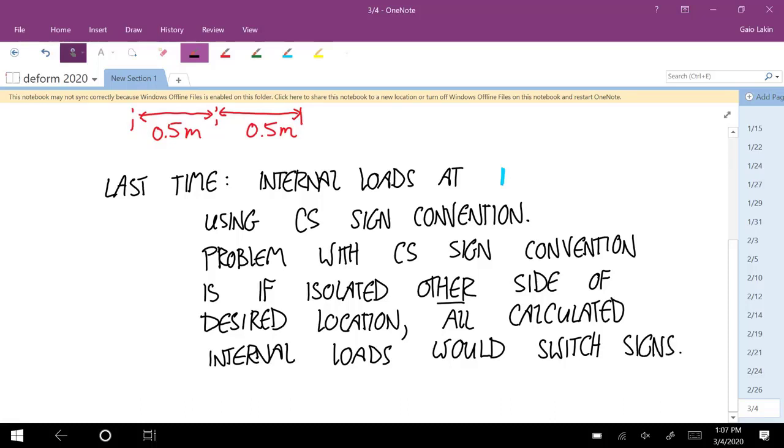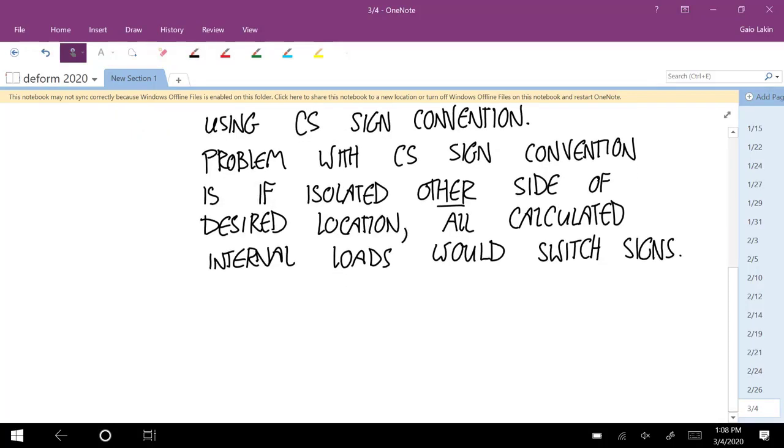And what we want is a single set of internal loads that, no matter how we calculate it, we're just going to say at this location, the internal loads are this. So we're going to come up with this new sign convention that doesn't just depend on the coordinate system, that we can use from either side, and it's going to give us the same answers. Okay. So the next two steps are these.